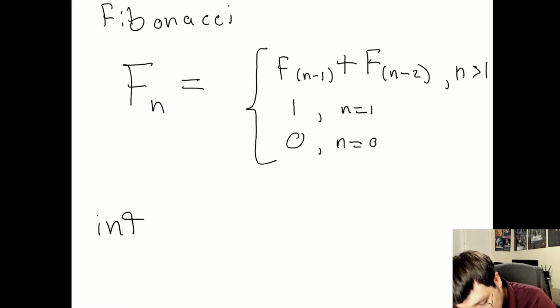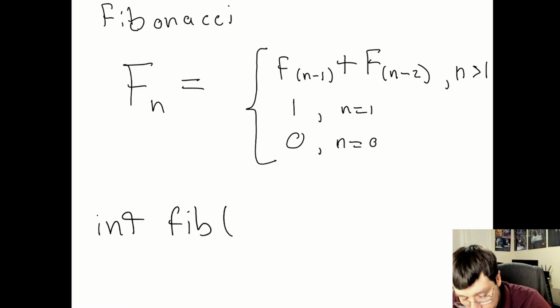So int fib, for Fibonacci, and there's no real parameters that you need for it, I suppose. Although no, maybe you want to pass in the nth number that you're working with. So n, because remember there's a number here, so that's your parameter.